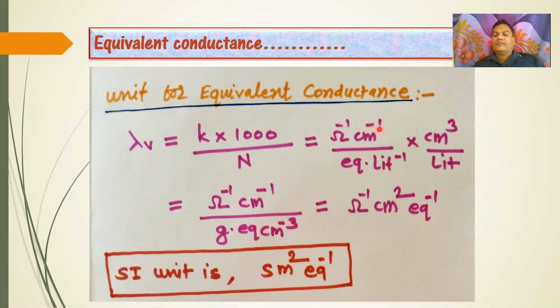Cm raised to 1 minus 3, so it simply becomes Cm square. So per ohm Cm square per equivalent, that is the unit, or simply replace per ohm per centimeter by Siemen per meter, so Siemen meter square per equivalent. So that is the SI unit of equivalent conductance.